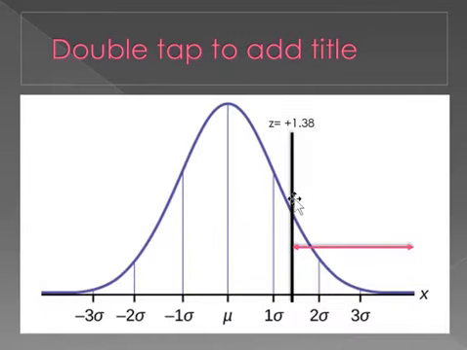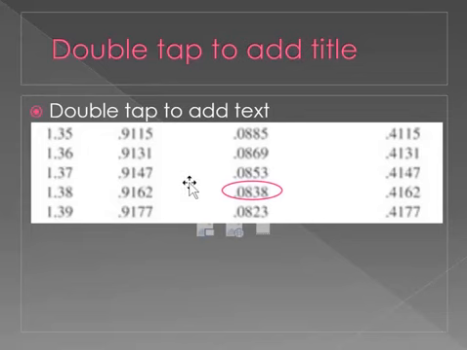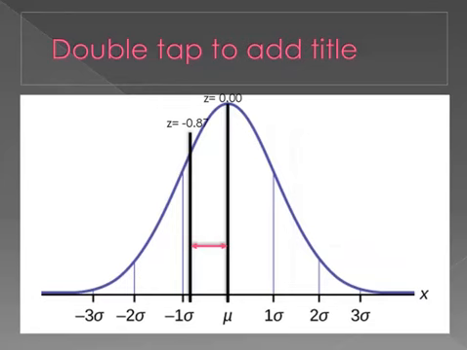Again, we're looking for the proportion of scores that fall at or above the z-score of plus 1.38. The proportion would be 0.0838, and we would look in the column for the tail, because we want to know the proportion of the scores that fall at or above that particular z-score. So there it is. We would label it in the normal distribution, and we would label the proportions.